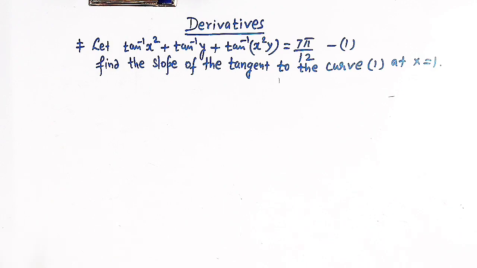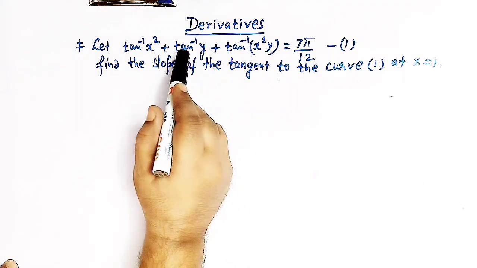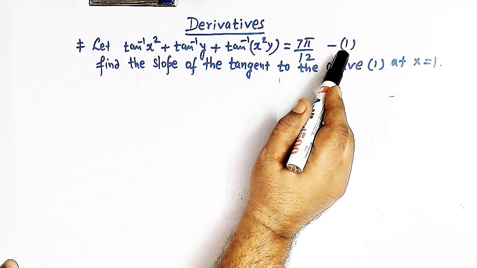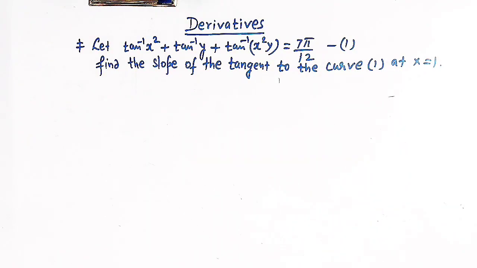So in this problem we have to find the slope of the tangent to the curve represented by this equation 1 at x is equal to 1.